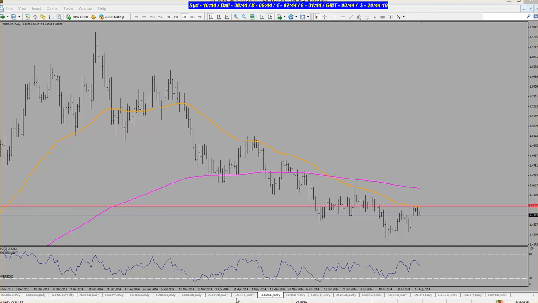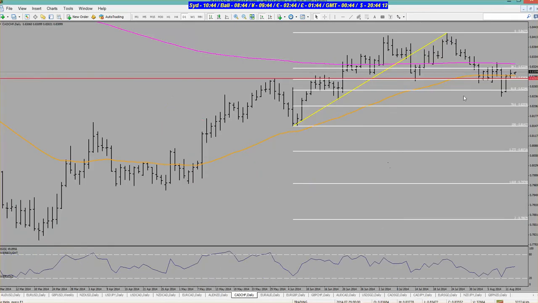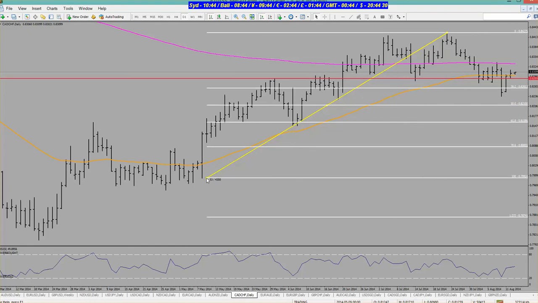Your CAD Swiss though, I don't see that as, well, when I say it's not the same as the Euro Pound, is that there's no correlation. Right, but what you're suggesting is that this has broken this low here. But if you look at this as being the cycle, this is the last touch of the 50, or even if you want to go back to that one and say that's your last touch of the 50, then the uptrend is still intact.